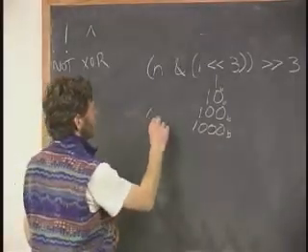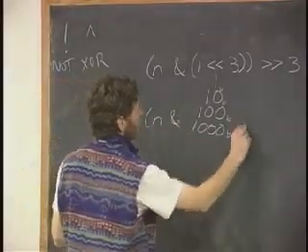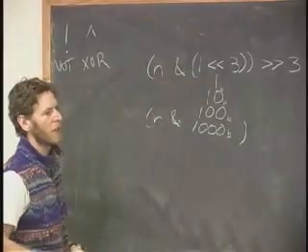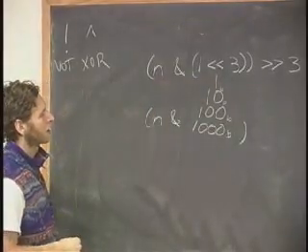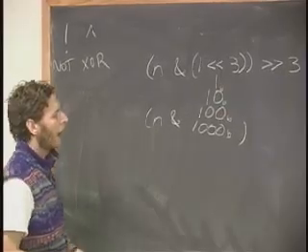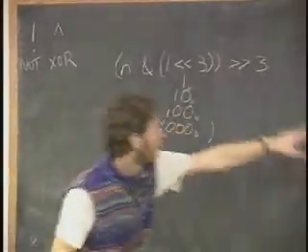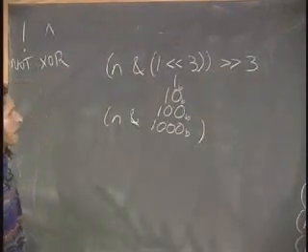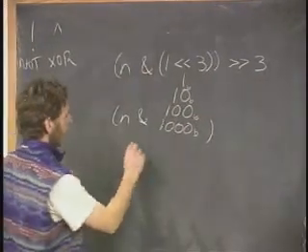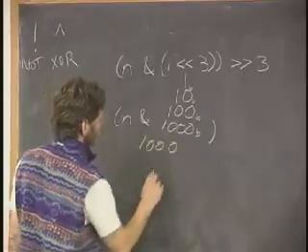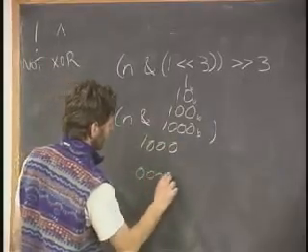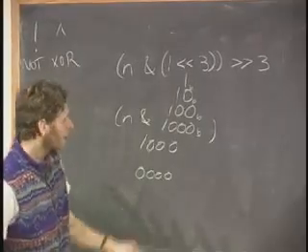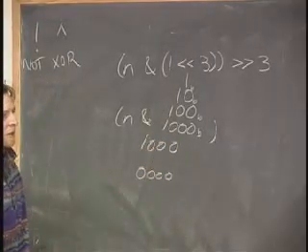So this is equivalent to this because we've taken the 1 and shifted it left 3 bit positions. And dividing by 8 is equivalent to shifting it right 3 bit positions at the end. So we have either 1, 0, 0, 0 or 0, 0, 0, 0, and we shift it to the right and lose the 3 zeros at the end.